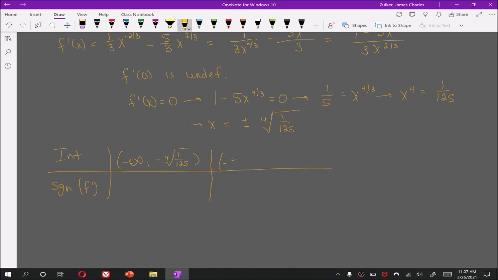We'll then go from that to 0. We'll go from 0 to the 4th root of 1 over 125. And finally, we'll go from the 4th root of 1 over 125 to infinity.